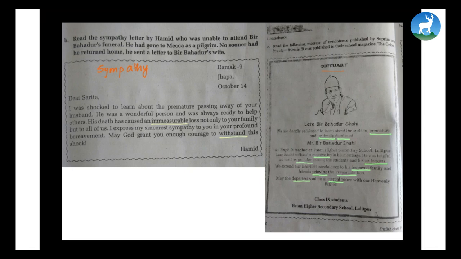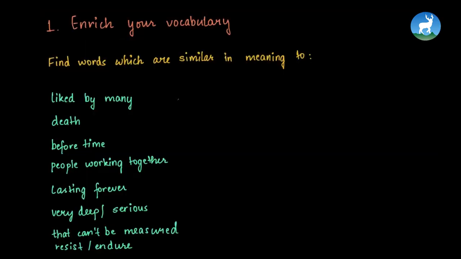Demise certainly does not mean liked by many, because demise means death. Another keyword that we have underlined is massive, and massive certainly does not mean liked by many. Massive means huge. And then we go forward and see popular as our next keyword. So popular can be a synonym for liked by many, because once you're liked by many people, you become popular, right? So liked by many is popular.